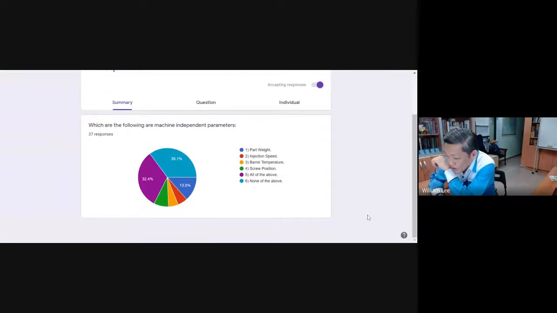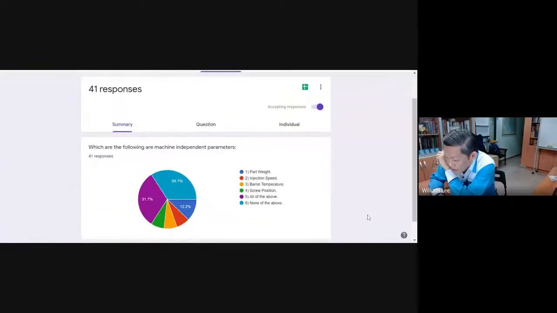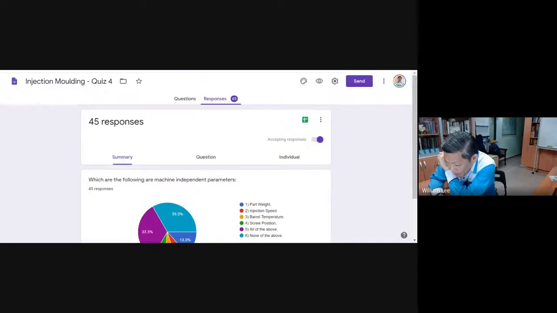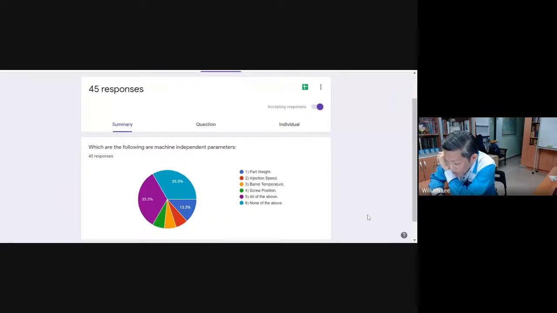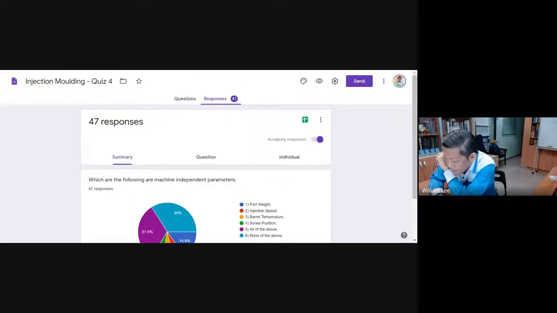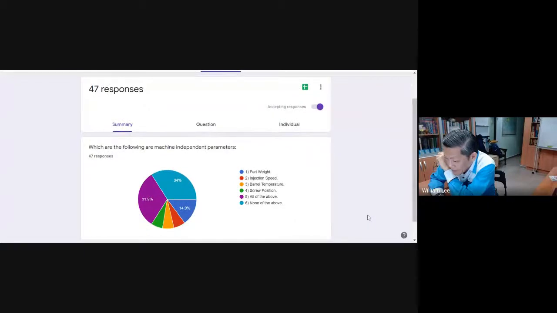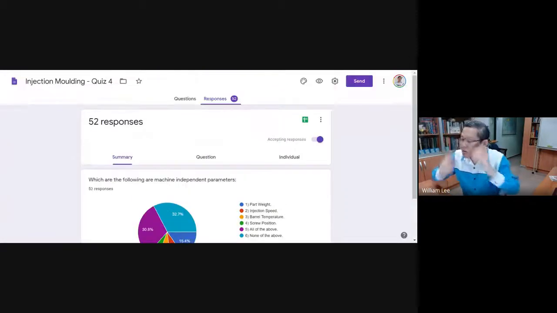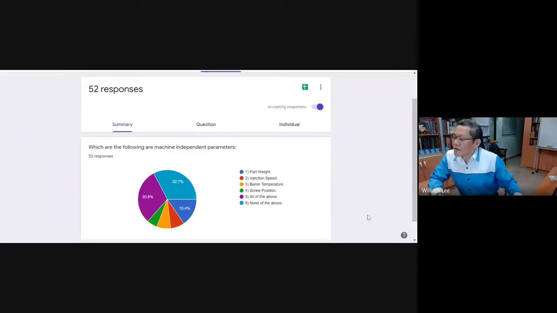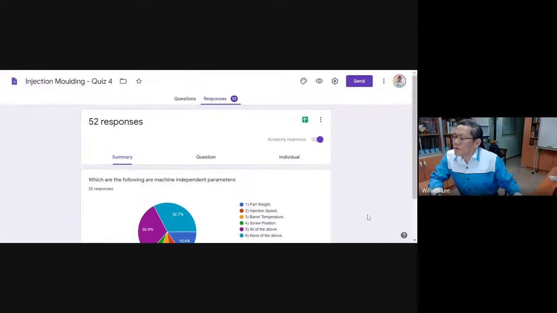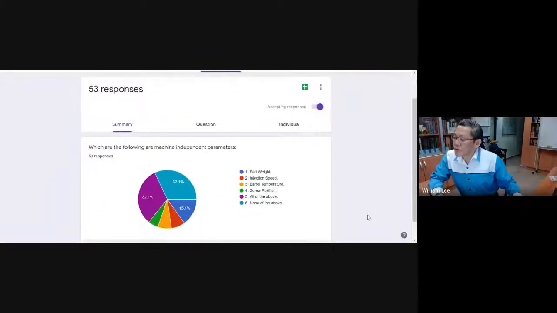Okay, I think the majority of you selected number 6, none of the above. Then 33 is all of the above. Number 1 is part weight. More responses are coming in. I need the answer. Think about it.